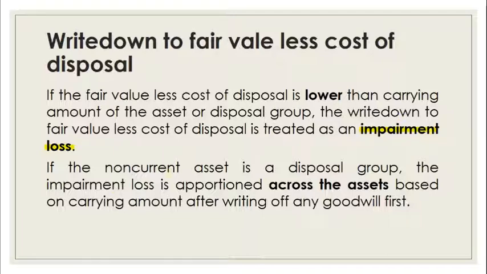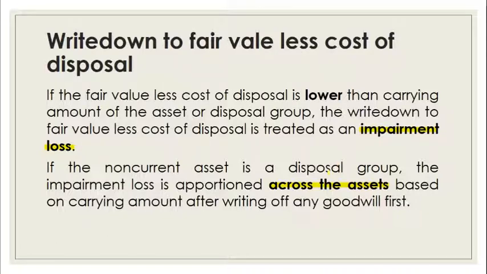Now, if the non-current asset is a disposal group, the impairment loss is allocated across the assets. Meaning, disposal group, dili ra isa ka asset, no? So, imong i-allocate ang katong impairment loss. So, for example, mga machinery and equipment and furniture and fixture.